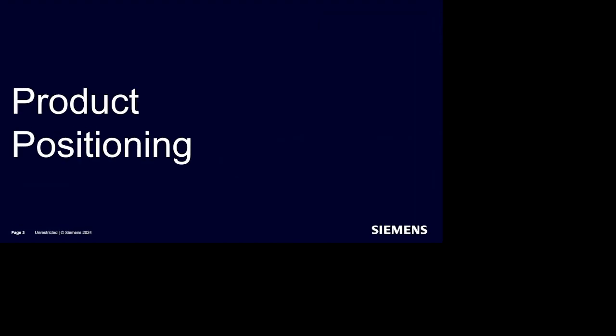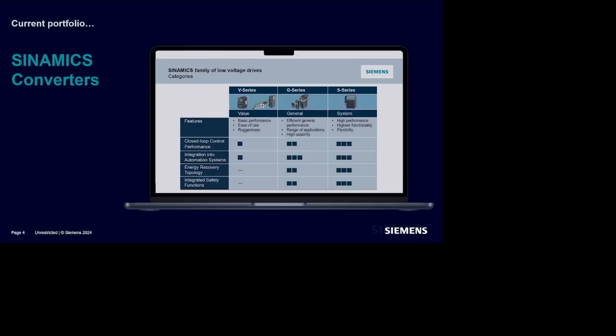Where is this Sinamics G220 positioned? And before we jump into the positioning, I want to show you what is our, let's say, strategy or Sinamics portfolio. As you see here, we have 3 series. We have the V series in the standard basic performance range.